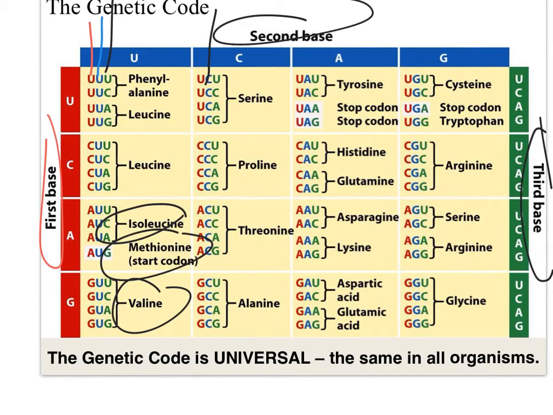A third base is actually redundant. A lot of times you can get the same amino acid with the same third base. So, cysteine, let's see, glycine.